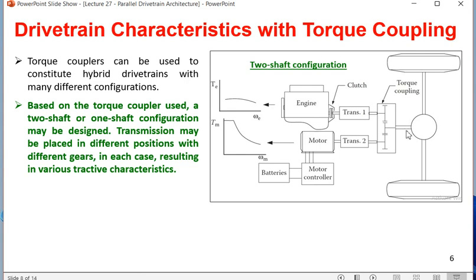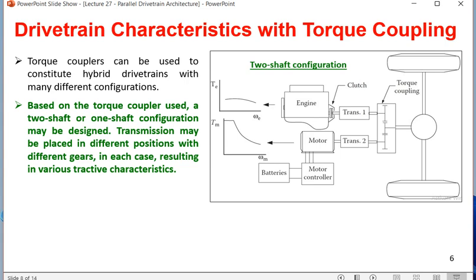So battery, motor controller, motor, transmission 2. Transmission 2 means this is powertrain 2. Transmission 1 is powertrain 1. We are finding there is a clutch. That means we are changing the gear ratio of the engine, and how much power is connected to transmission 1 we can control by the clutch gear mechanism. And here this is torque coupling.